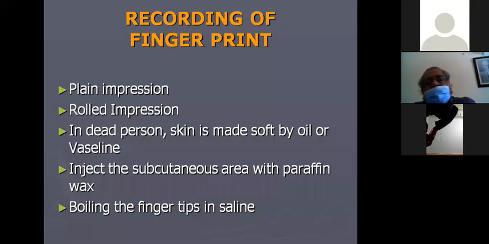In a dead person, the skin is made soft by oil or Vaseline, and prints can be taken by injecting the subcutaneous area with paraffin wax, or by boiling the fingertips in saline.